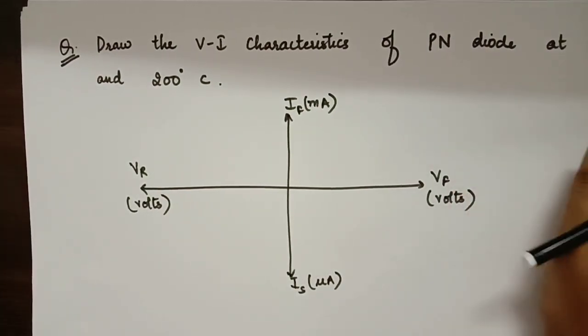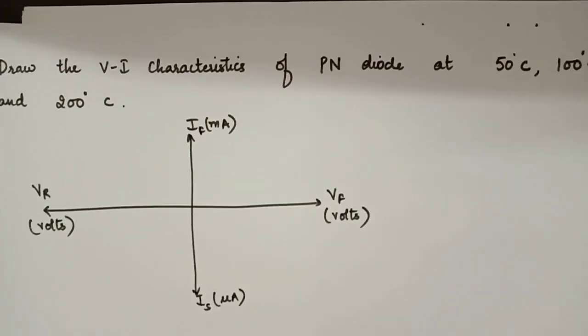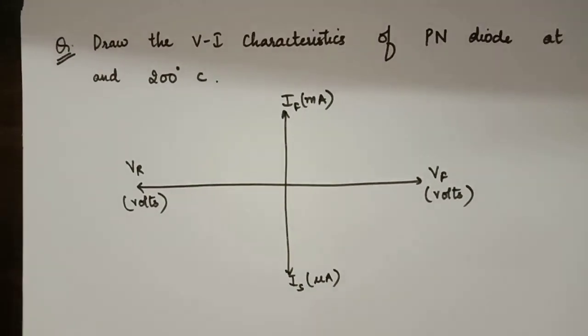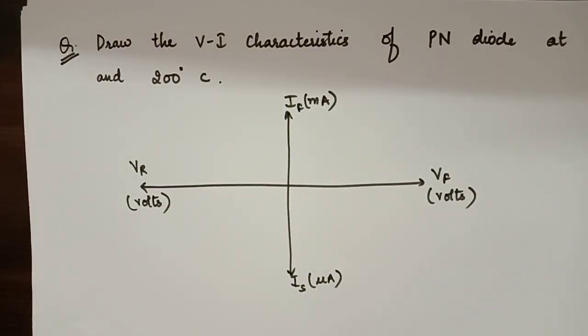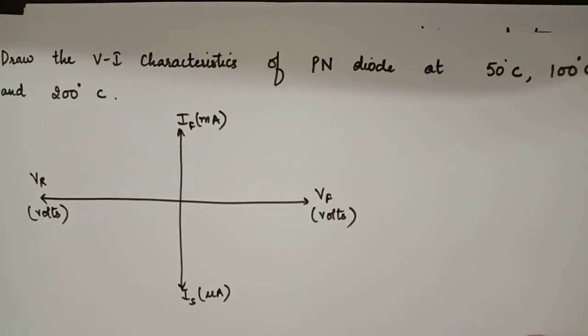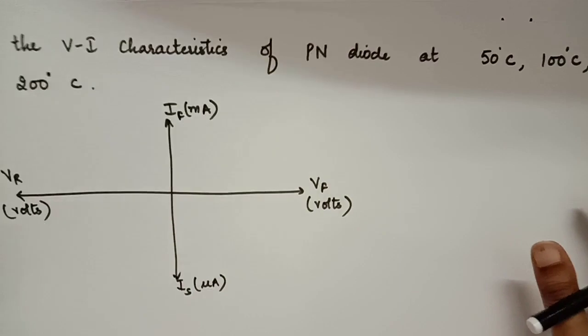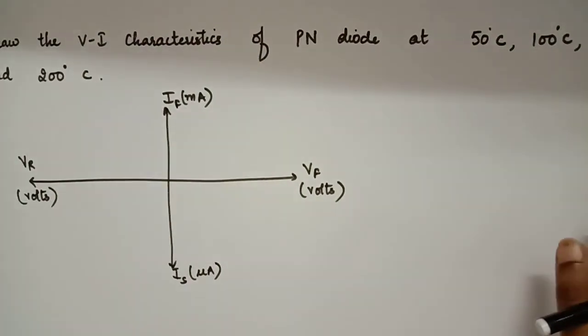Then we need to draw the graph at three different temperatures, that is 50, 100 and 200 degrees Celsius. We know what will happen with the increase in temperature. We know the three parameters that are going to be affected. So let us draw first of all the forward part.